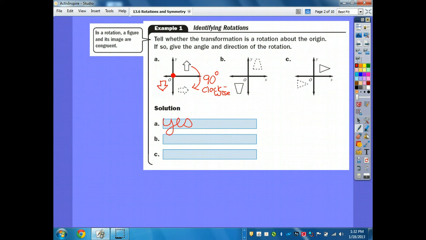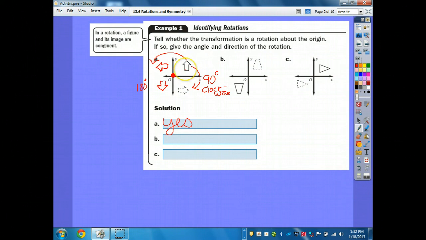That would be 180 degrees. And then if we did 90 degrees counterclockwise, it's going to look like this one, but pointing this direction. And we'll pretend they're all the same size, because they have to be congruent. So yes, it is a rotation of the origin.